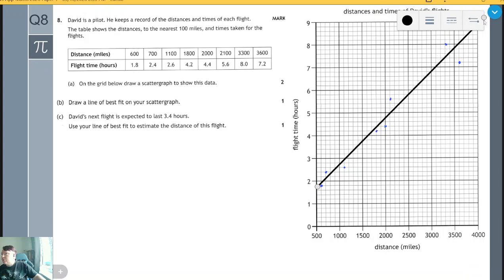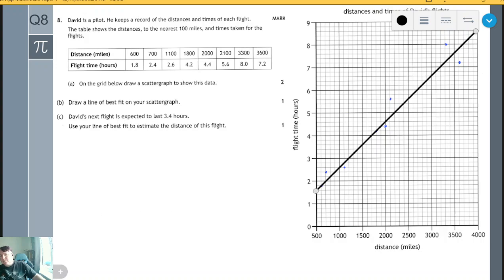Oops. 1, 2, 3, 4, 1, 2, 3, 4, 5. Okay, I need to move this down slightly. I think if I do that, there we go. That's our line of best fit.